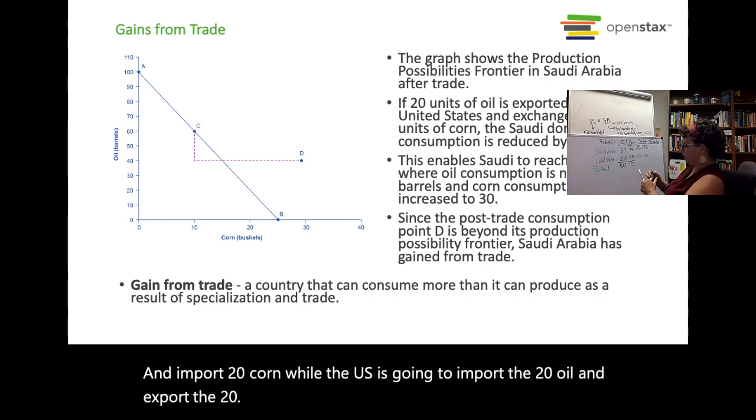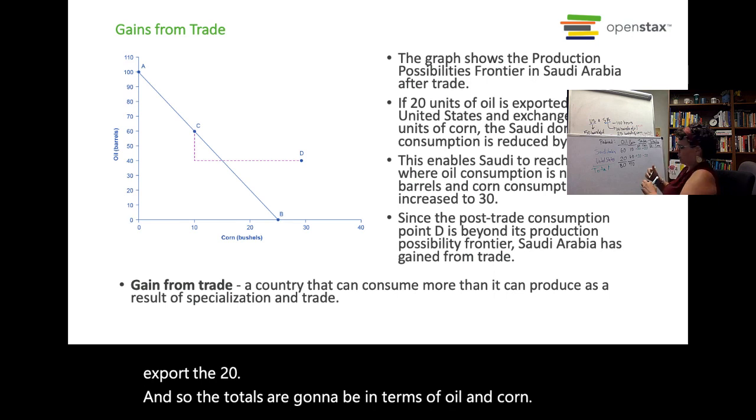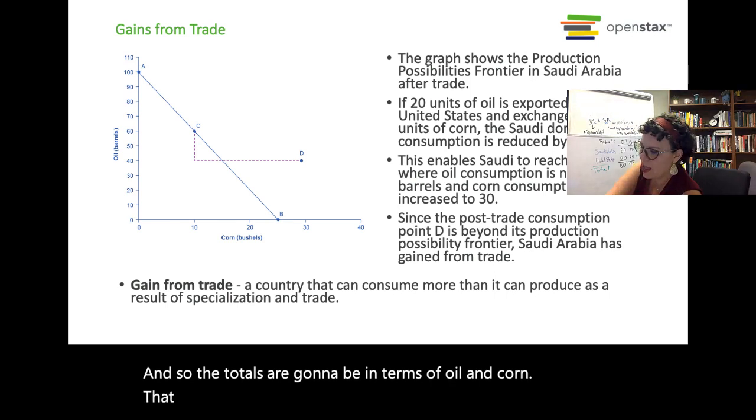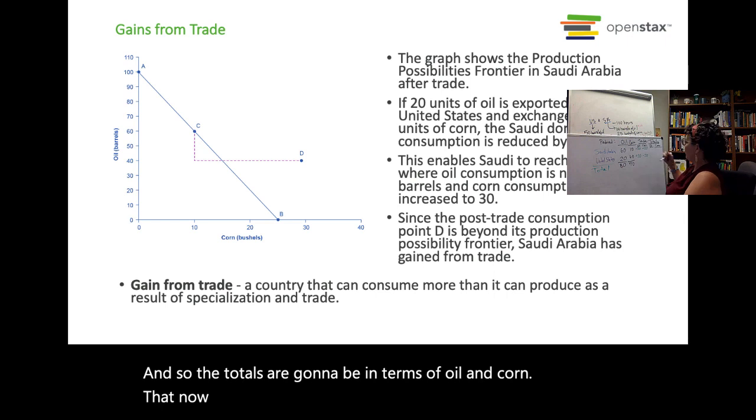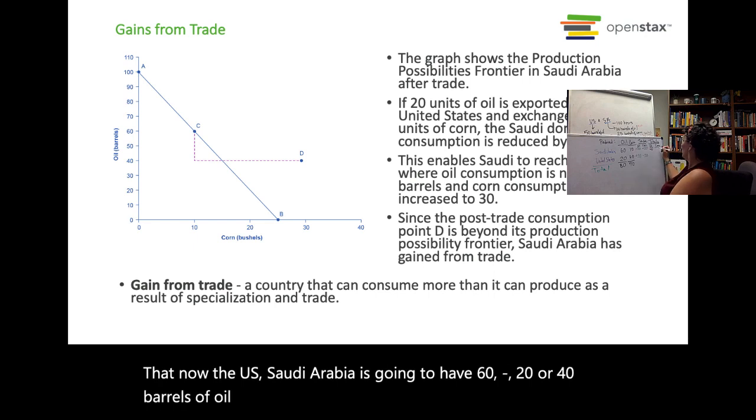And so the totals are going to be, in terms of oil and corn, that now Saudi Arabia is going to have 60 minus 20, or 40 barrels of oil, and 10 plus 20, 30 bushels of corn.